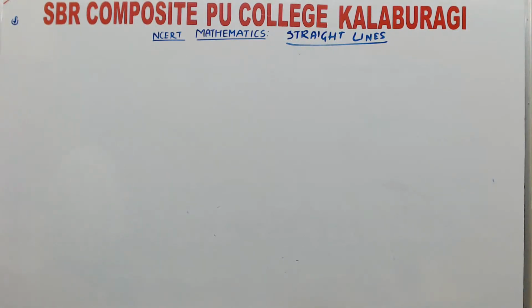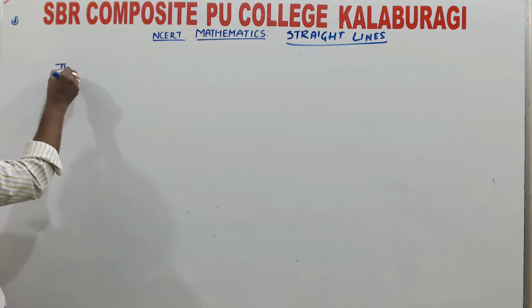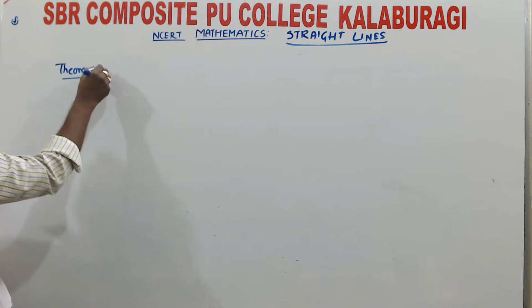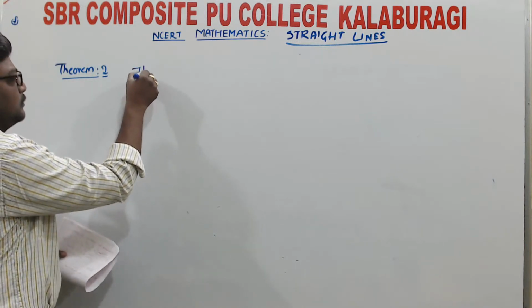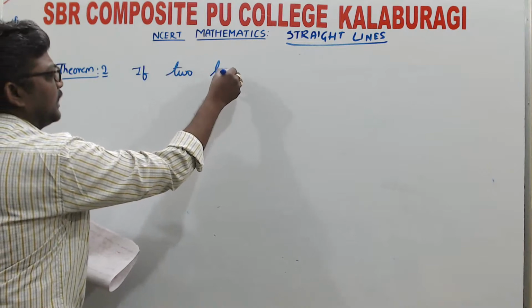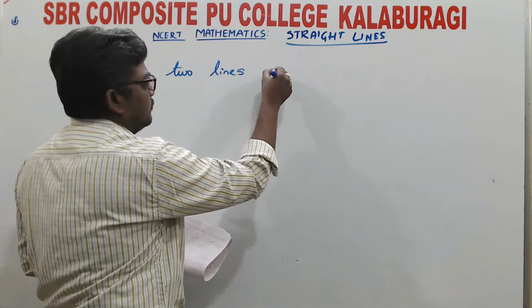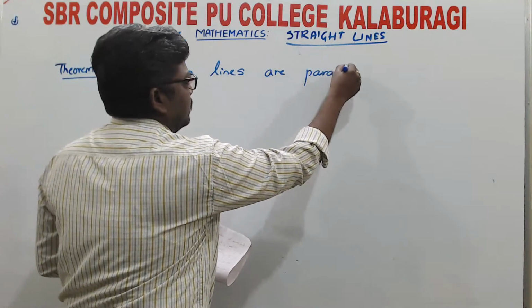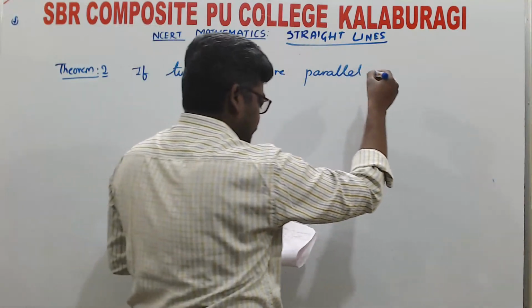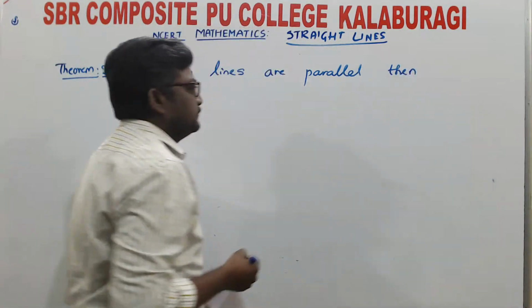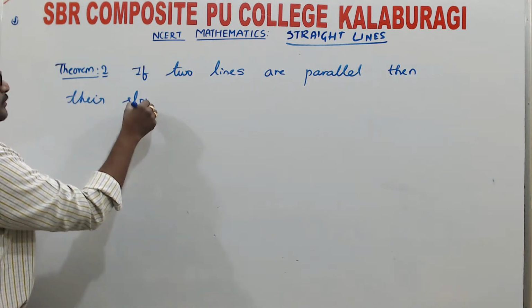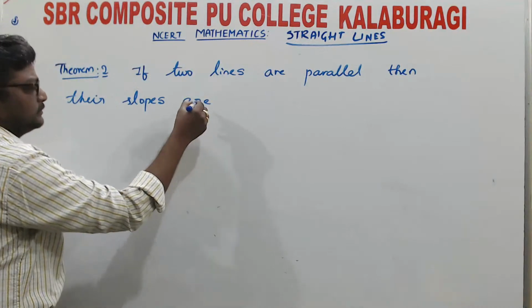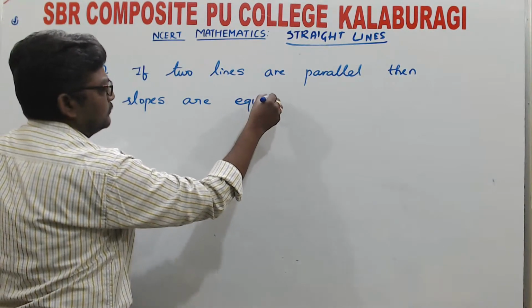Now, another theorem. Theorem 2: If two lines are parallel, then their slopes are equal.